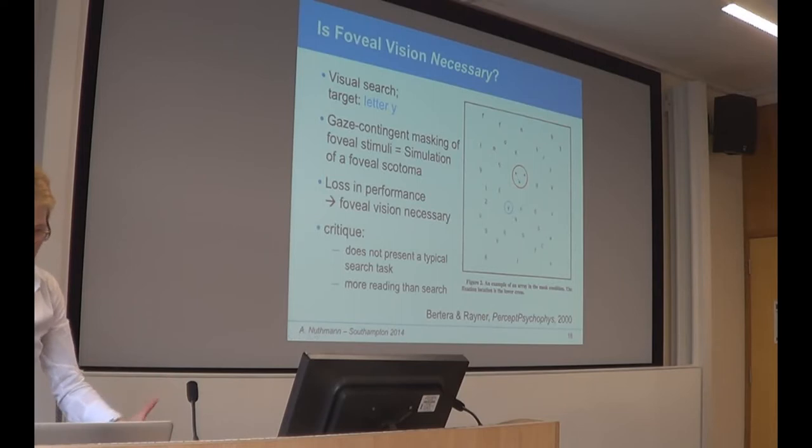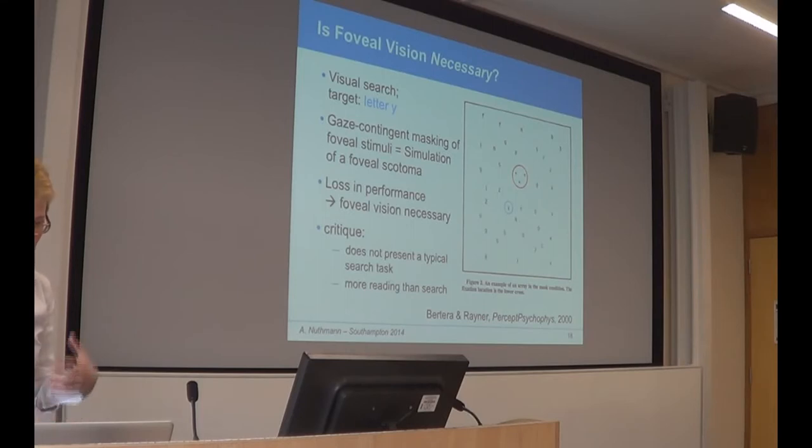And with a foveal scotoma, it took longer to find the target, which indicated foveal vision is necessary. That's what every review paper was going to tell you. And remember, I found that foveal vision was not necessary. Even central vision was not necessary to locate the target.